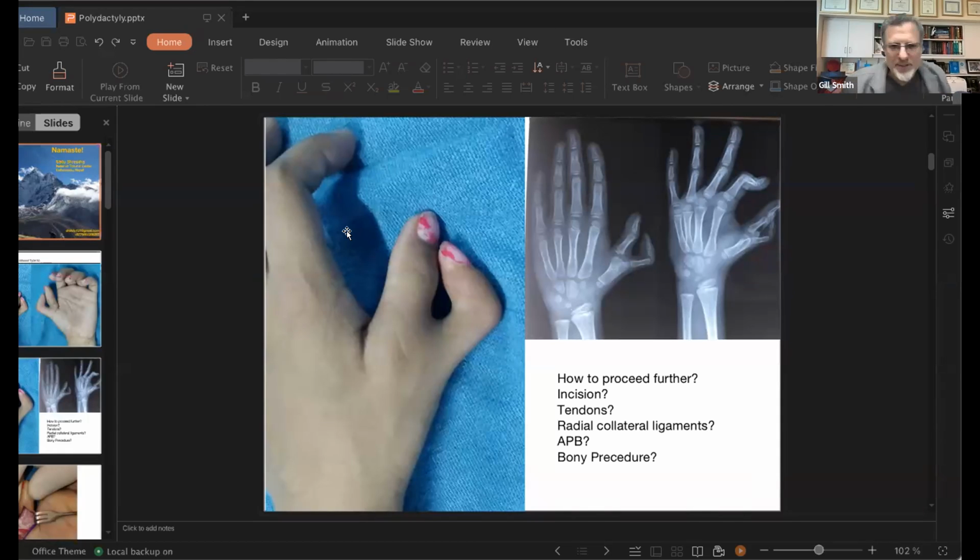Sure. It's hard for me to see, but it looks like one of those is triphalangeal. The radial one looks triphalangeal, I think. I'm sorry you get to look at my forehead because I'm getting as close as I can to the screen.